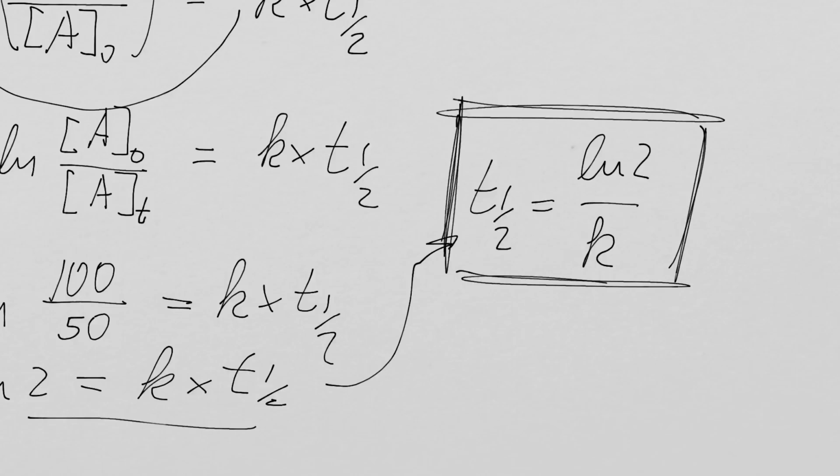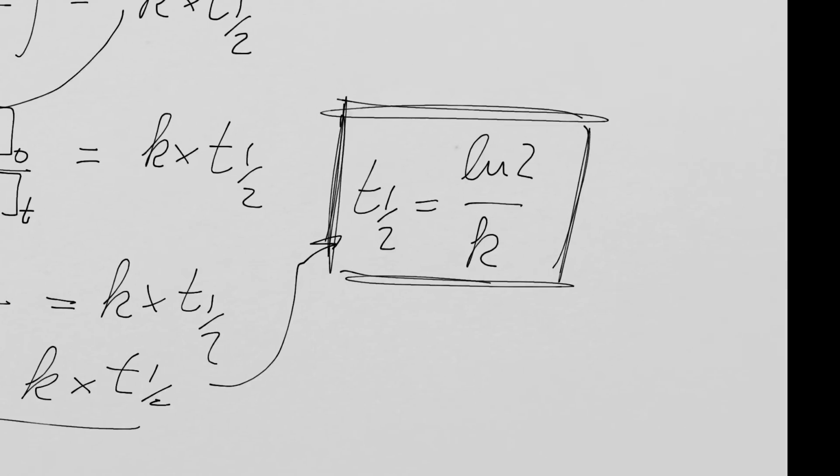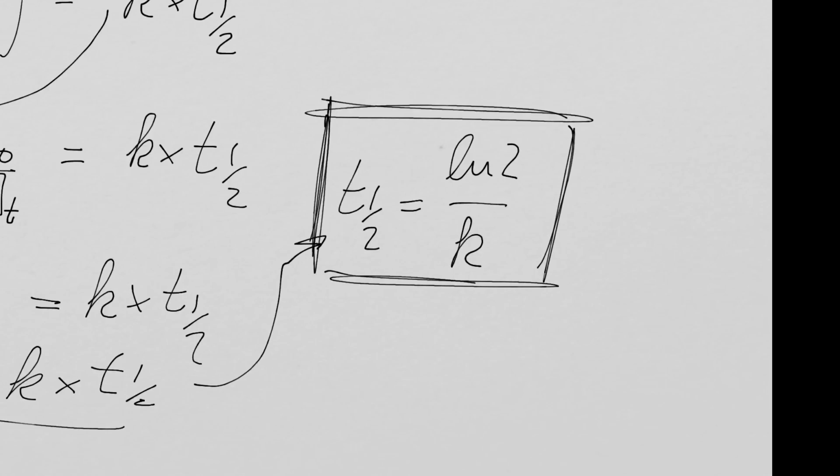What's ln 2? 0.69, absolutely right. Oh, you had yours. You only get one from me. Sweet, I mean. t half equals 0.69 divided by k.